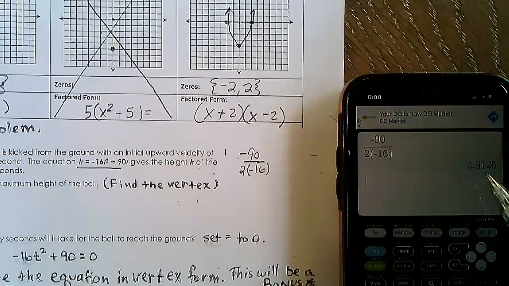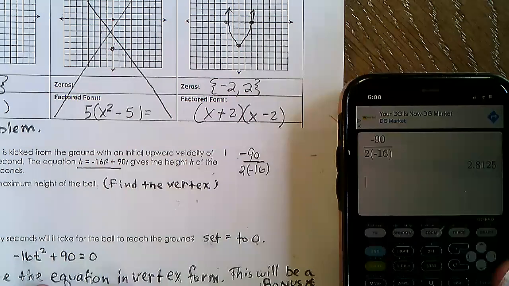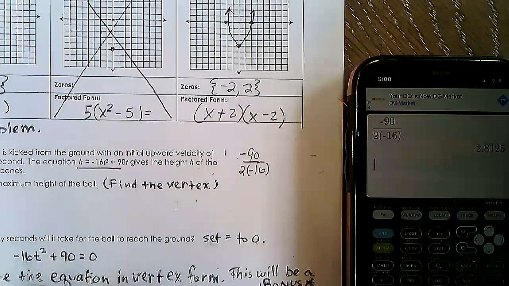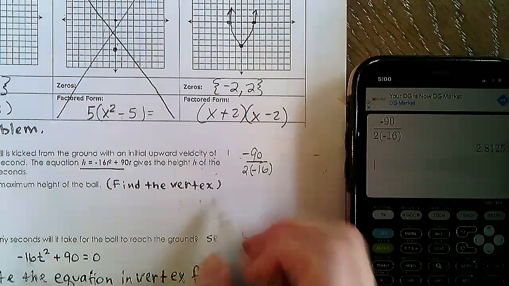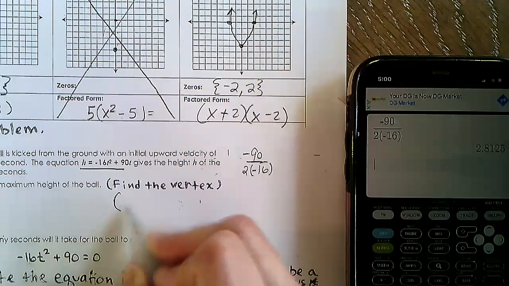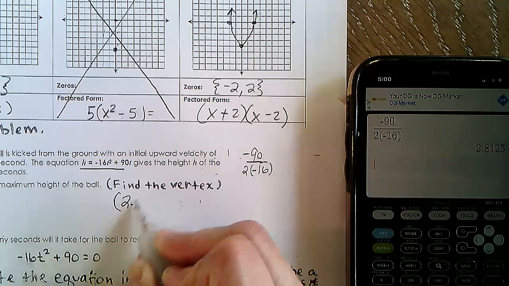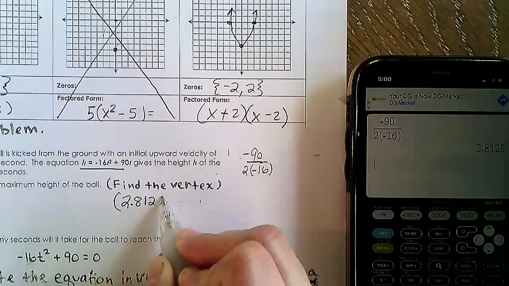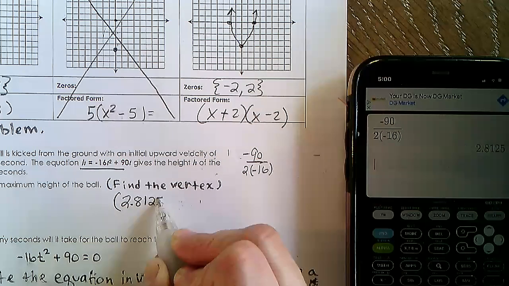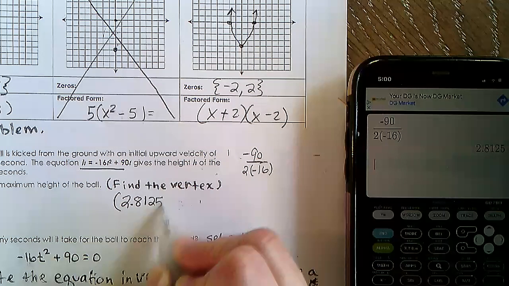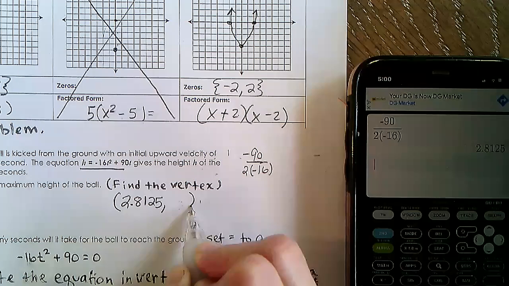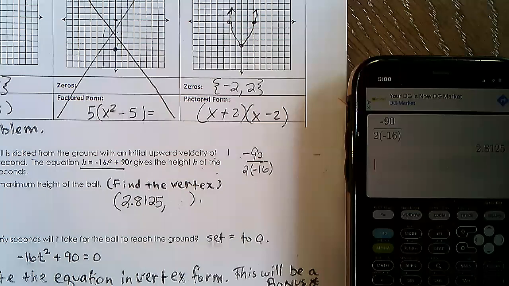Okay, well, guess what? That's ridiculous. So, on the test, there is not going to be a decimal, but we're going to just go with it. 2.8125. Okay, well, what the heck?